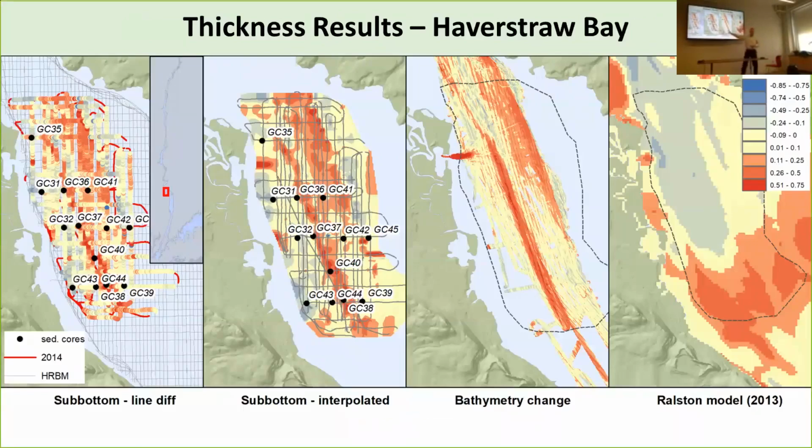We only concentrated on the main channel here because that would be the main deposition area. But we see a lot of deposition in the center here, which is where they usually dredge the navigational channel. They dredge it, and then it's collecting sediments afterwards. But we also see a lot of sediments up here in the northeast as well.